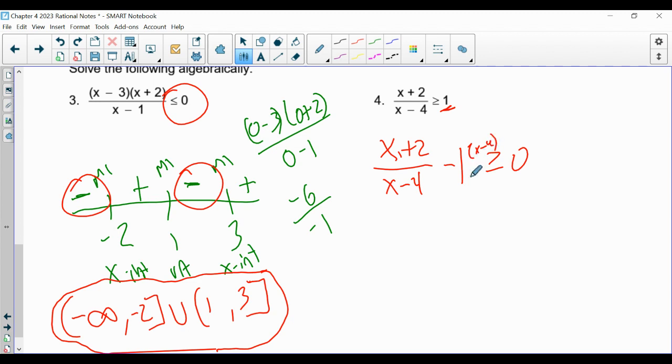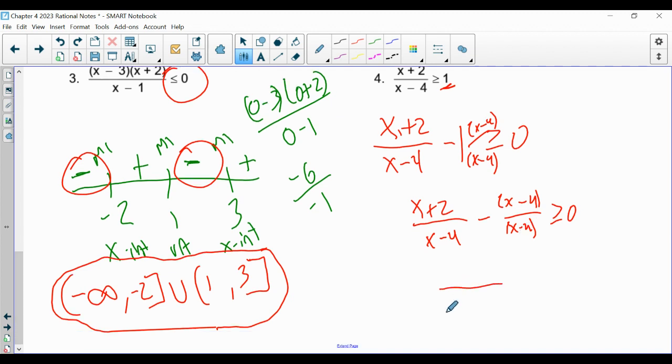I'm multiplying the numerator and denominator by x minus 4, which, because it's 1, doesn't do anything other than write itself, x minus 4 over x minus 4. All right, and now you have a common denominator, x minus 4. And now you just have to be careful. It's x minus x, so actually the x's cancel. 2 minus negative 4, so you get 6.